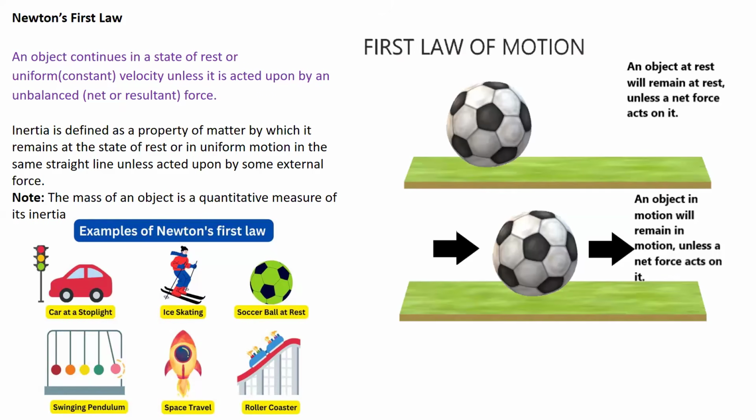Got to know properly. Here's Newton's first law. Newton's first law says an object will remain at rest or moving at uniform motion unless it is acted upon by a net or resultant force. Newton says this ball will continue at rest unless it is acted upon by an external force.